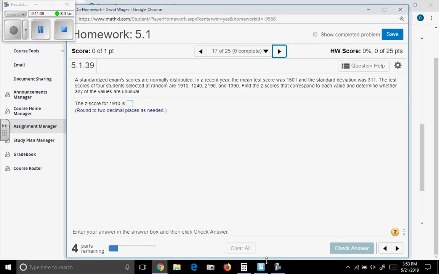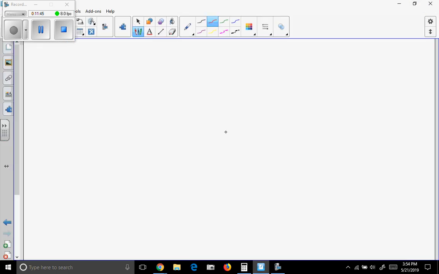So the next question asks us about finding some z-scores. Remember what the z-score is: it's the number of standard deviations from the mean.